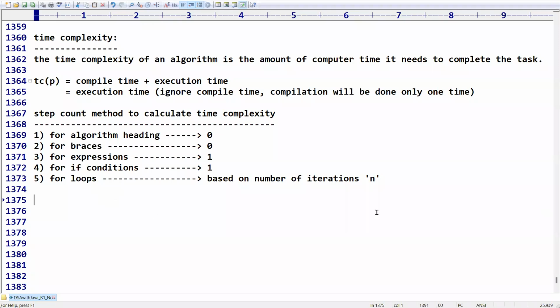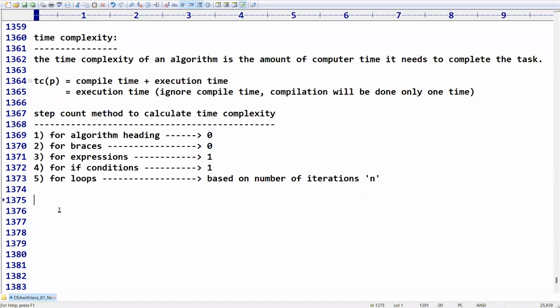Sir, if the same program runs on a different system with different hardware specification, will the time complexity change? It depends on the language you are implementing. If your language is platform dependent, definitely there will be a change, and you may even need to rewrite the code. If a programming language is platform independent, then no issues.